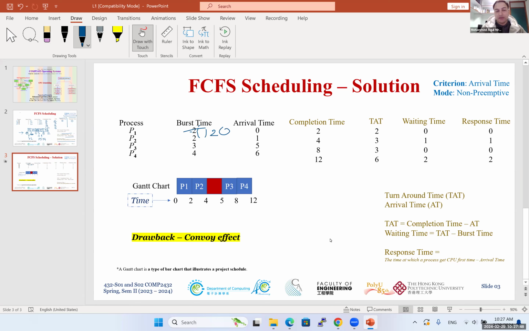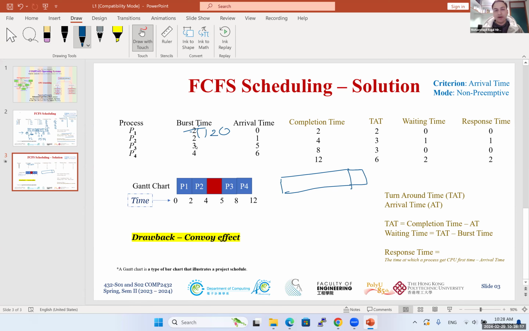So you can imagine the process P1 will first execute for a very long duration of time, and then the other processes will be executed. So here we are trying to have some kind of convoy effect where the CPU is utilized for a longer duration for one of the processes, and the shorter processes or shorter jobs have to wait in queue for the long process to complete.